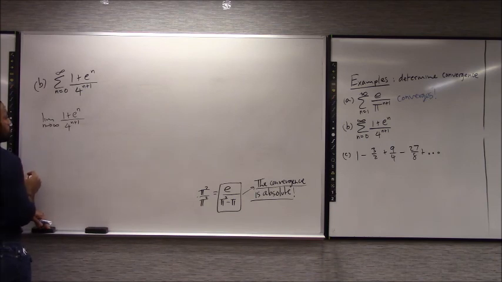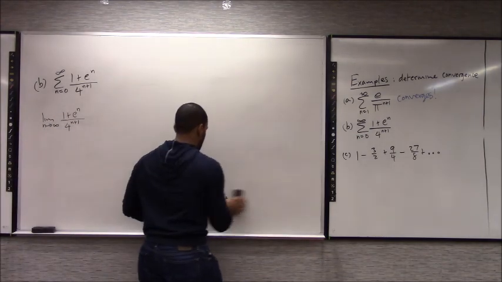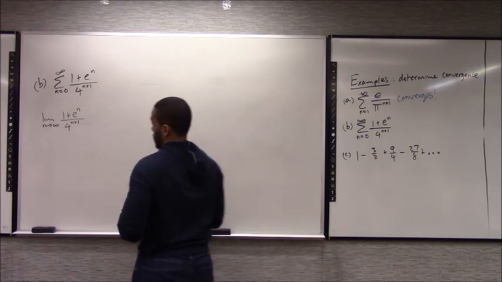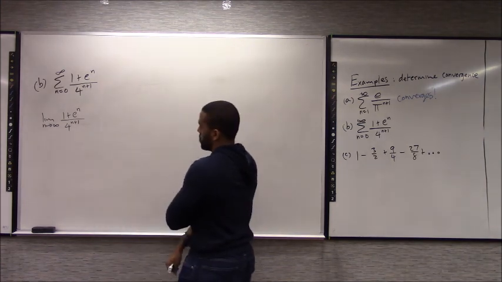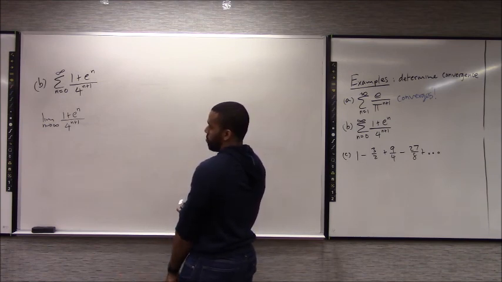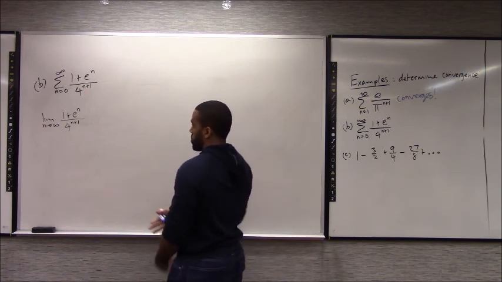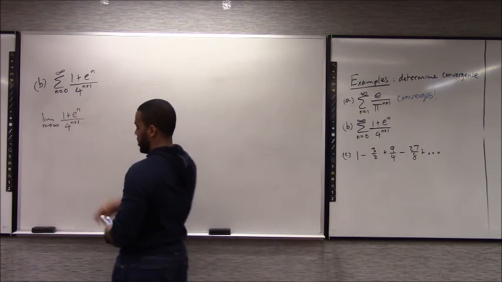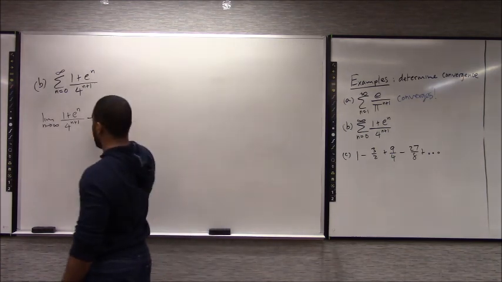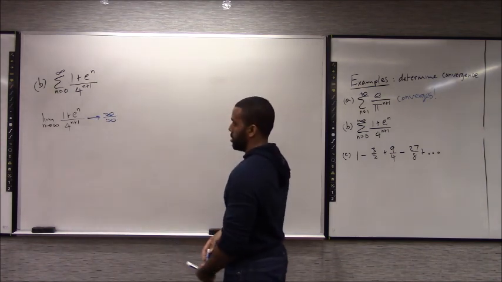Wouldn't that diverge, because it would be 4 to the power of infinity? Yeah, but on top you have e to the power of infinity. Right, you have e to the n over here. Oh, that would actually go toward infinity over infinity. Okay, how would you know what that actually approaches?